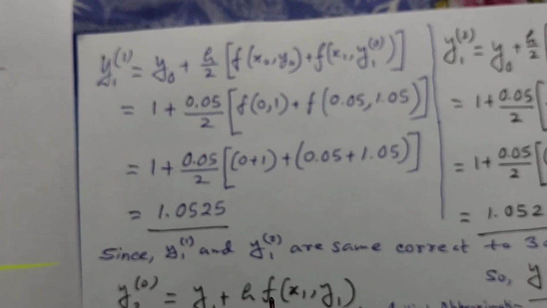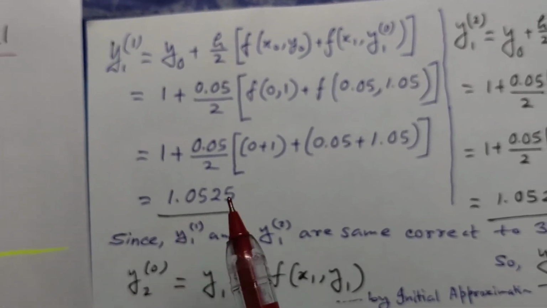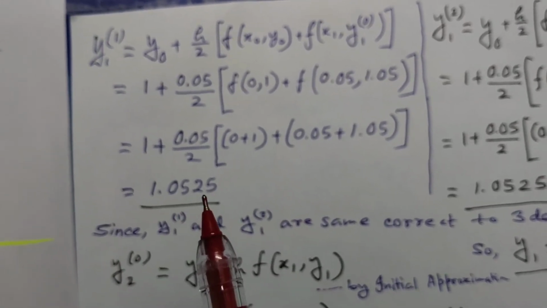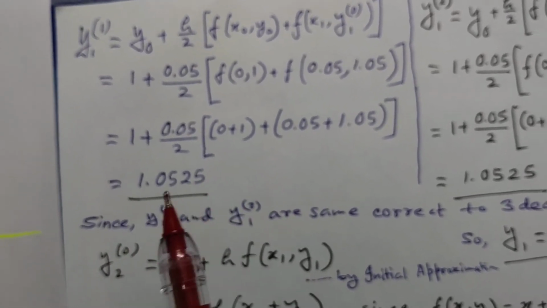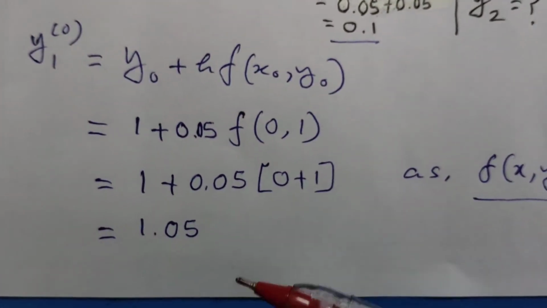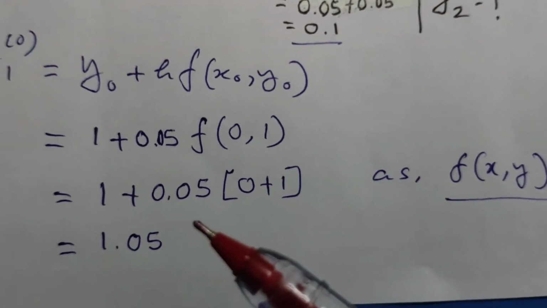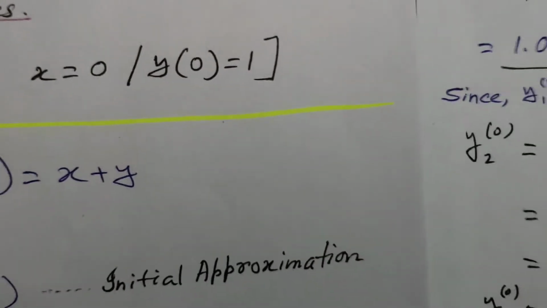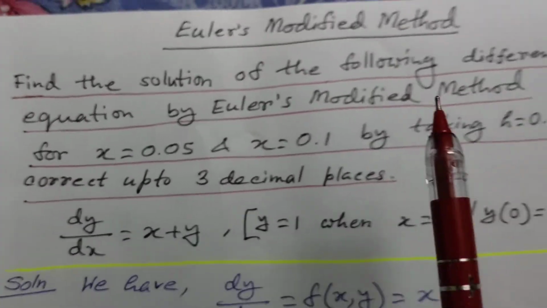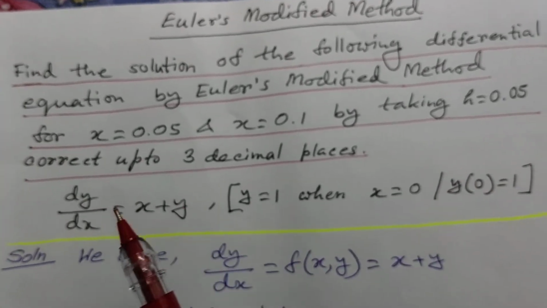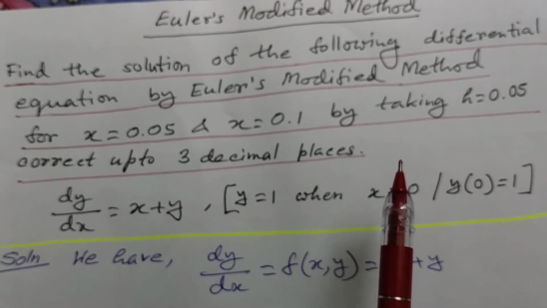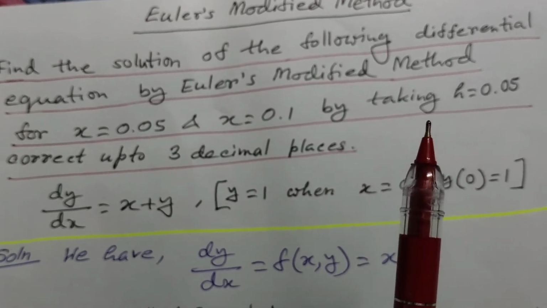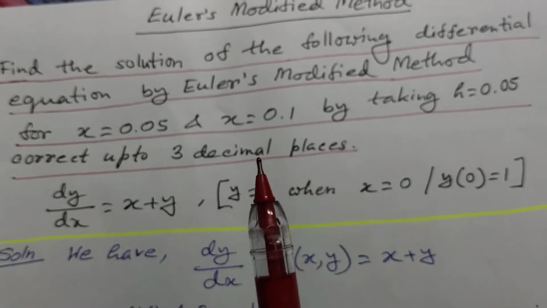After calculating, we have got the value 1.0525, right? Now, if we compare the two values 1.0525 and 1.05, these two are not the same, because we have to correct the value up to 3 decimal places. That means 3 digits after the decimal point should be the same for two consecutive values.